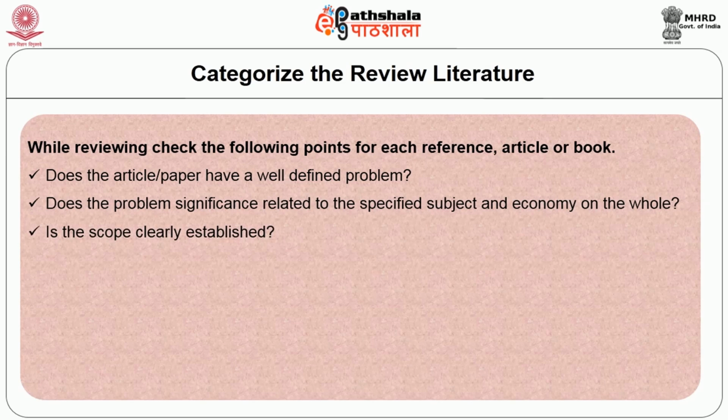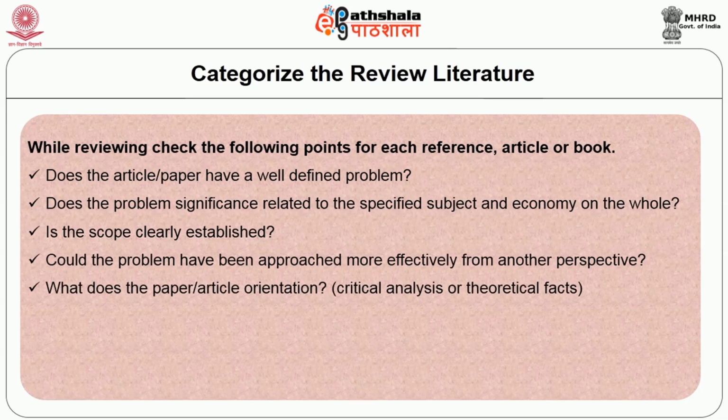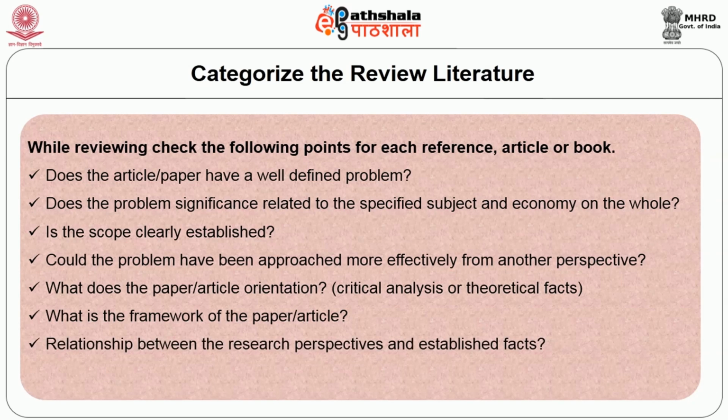Is the scope clearly established? Could the problem have been approached more effectively by other authors? What does the paper, article orient? What is the framework of the paper or article? The relation between research perspectives and established facts.